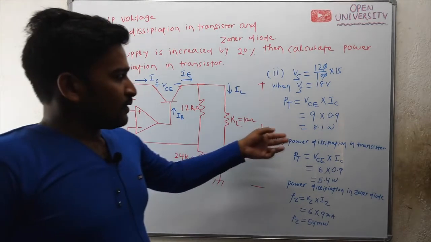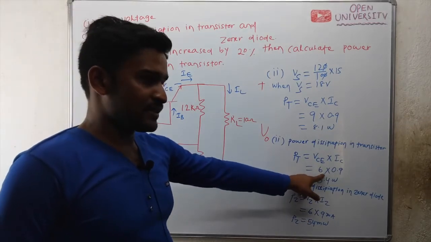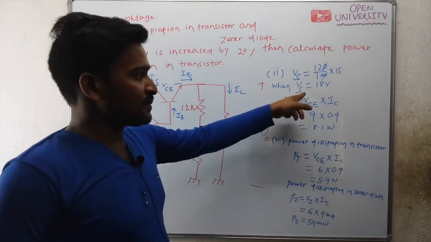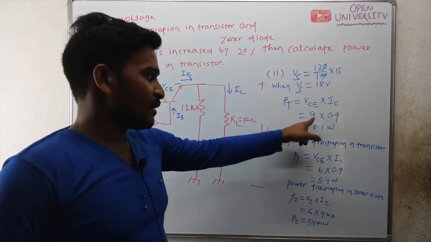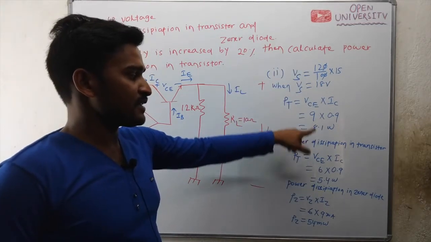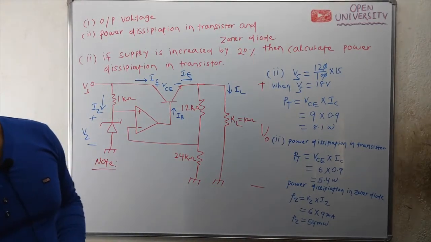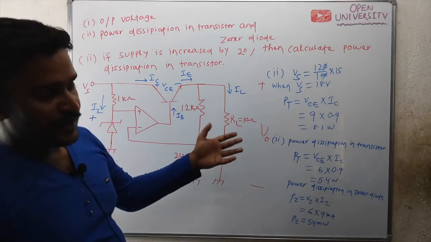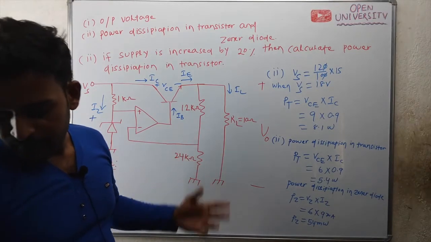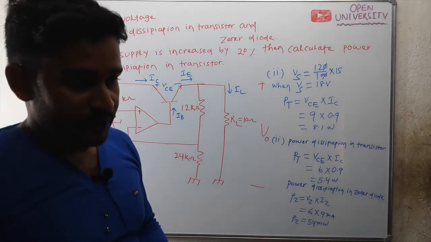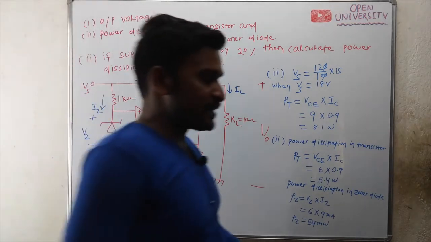Now Vs earlier was 15 volt and Vc earlier was 6 volt. Now Vs becomes 18 volt. That means 3 volt increases. By how much amount Vc increases? By 3 volt, from 6 to 9. So write down, by whatever amount Vs changes, by same amount Vc will change.